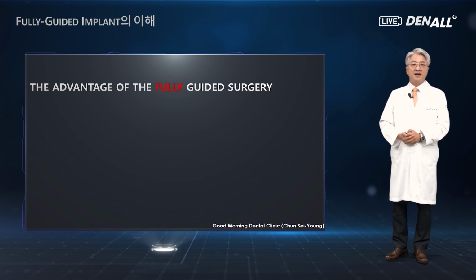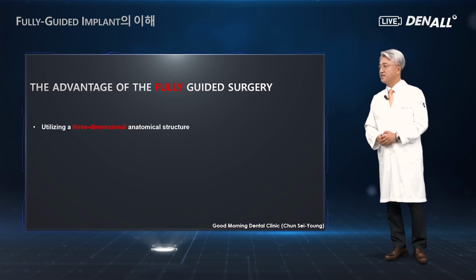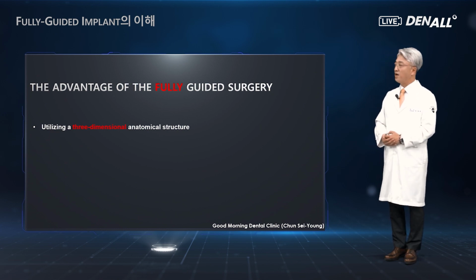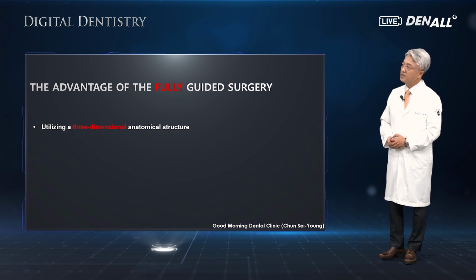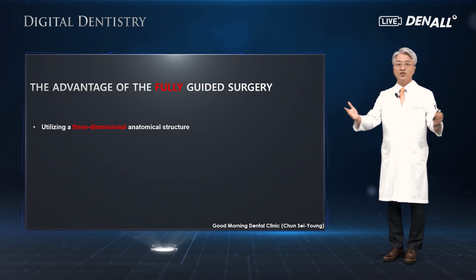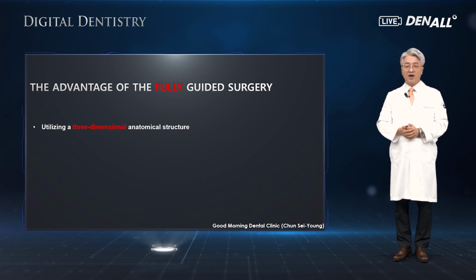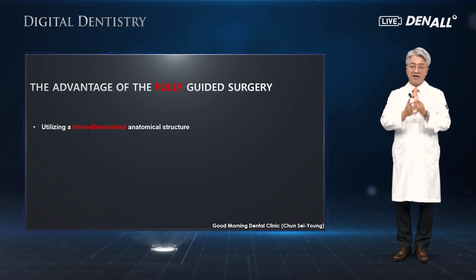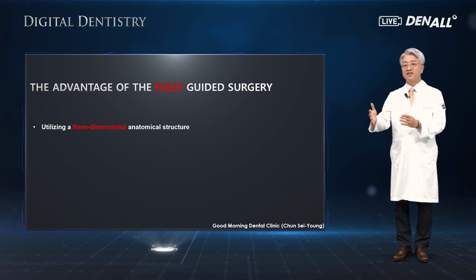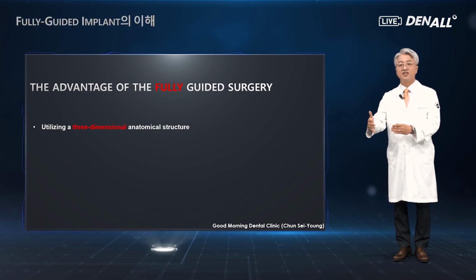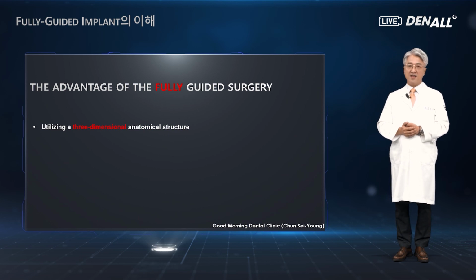Let's look at the full guided surgery's advantages. The full guided surgery utilizes a three-dimensional anatomical structure. That is the biggest advantage. The patient's body is three-dimensional, therefore, with a three-dimensional structure, the surgery can be done in an intuitive way, fitting the real situation.